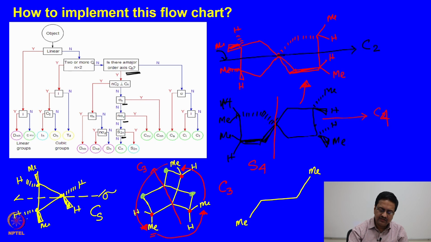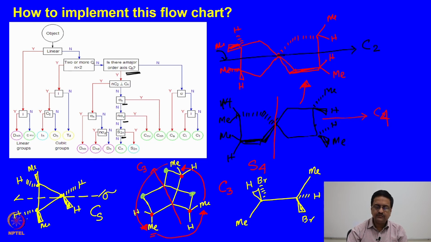If I draw the molecule like this, where the 4 carbon atoms are on the plane of the board, then this bromine and hydrogen are above the plane and below the plane, and the other bromine and hydrogen are in the opposite way, that is here.